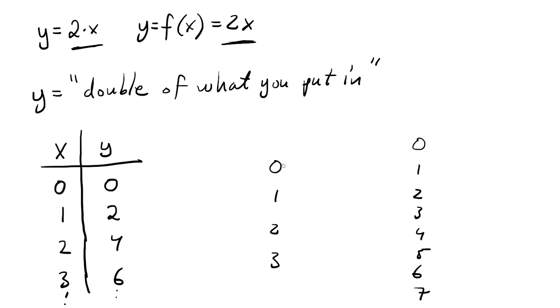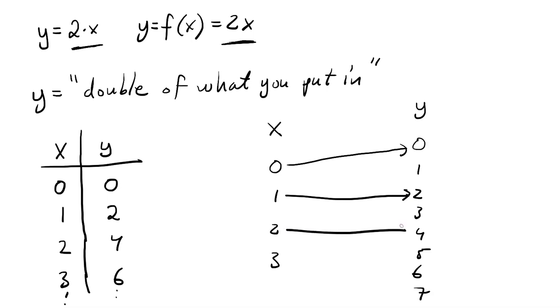Then I could describe the function by drawing arrows, meaning that here are all the x's, here's the domain, and here's the codomain, all the y's. So if I put in 0, I will get out 0. If I plug in 1, I will get out 2. Plug in 2, I will get out 4. And like this. So I could describe my function in terms of this picture also.